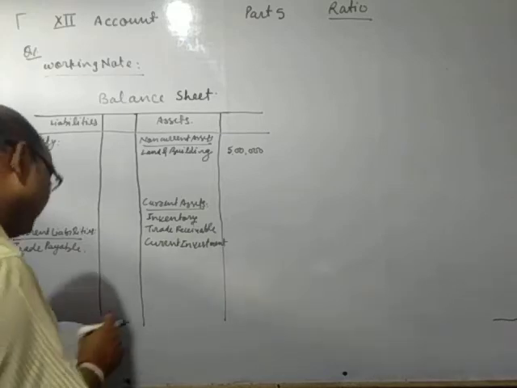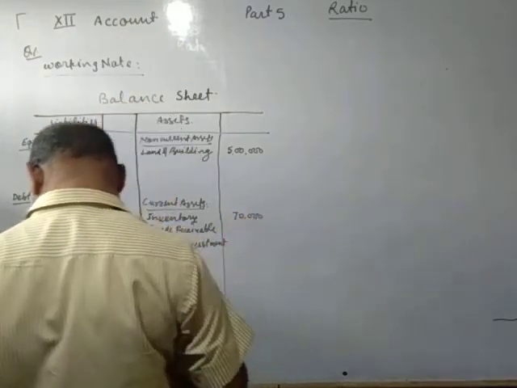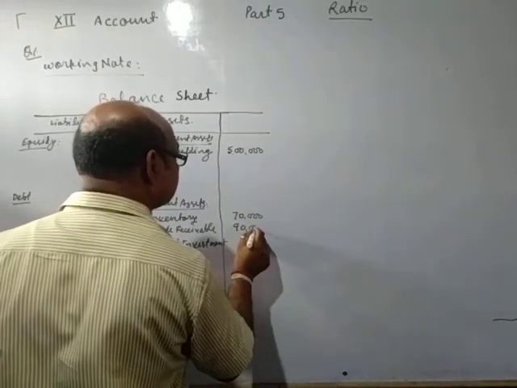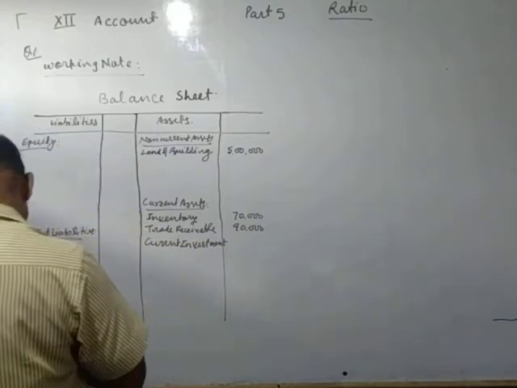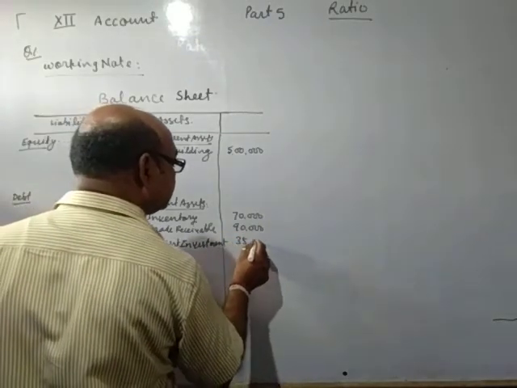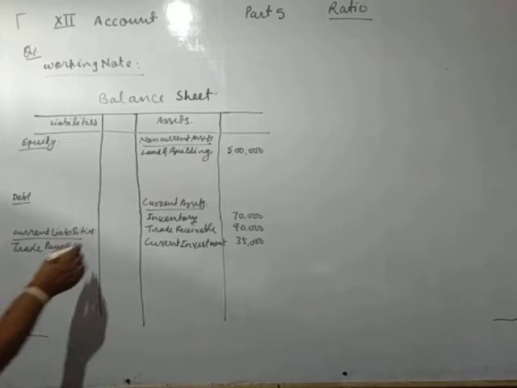Now inventory is 70,000. Trade receivable 90,000. Current investment 35,000. Trade payable 46,000.